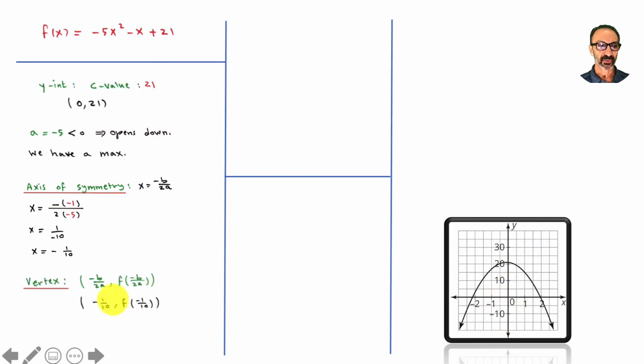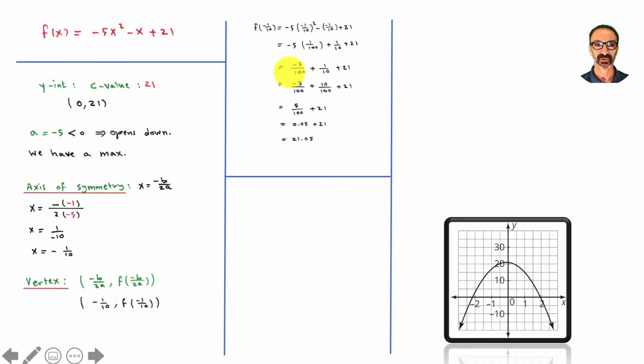To find the vertex, we take this number and plug it in, which takes time to read on the screen, but I have the work done for you. You just plug it in and take your time step by step. And with all the calculations, I have 21.05.